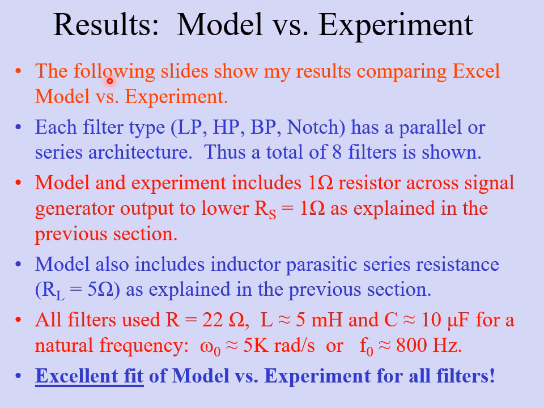Okay, the last thing I'll do here, and again, I'll go through these real quick, I want to show you some of the results that I got from building the LRC filters that we just described, and I actually built them all, and they all turned out very well. In these slides, I'm going to show you the Excel model, in other words, the theoretical output of the filter, versus my data that I actually collected with an oscilloscope.